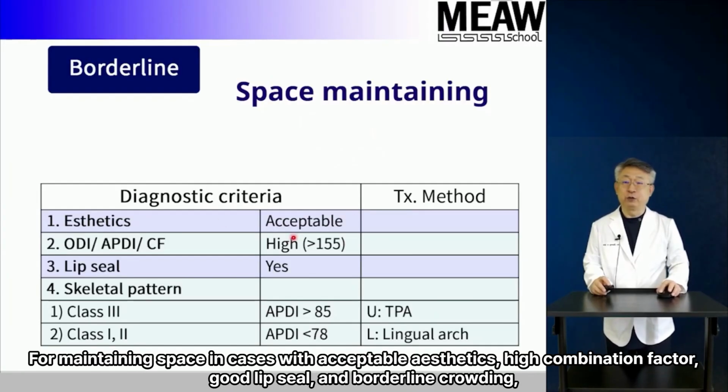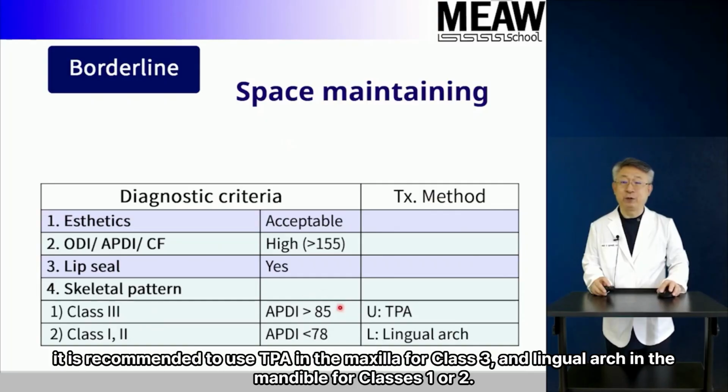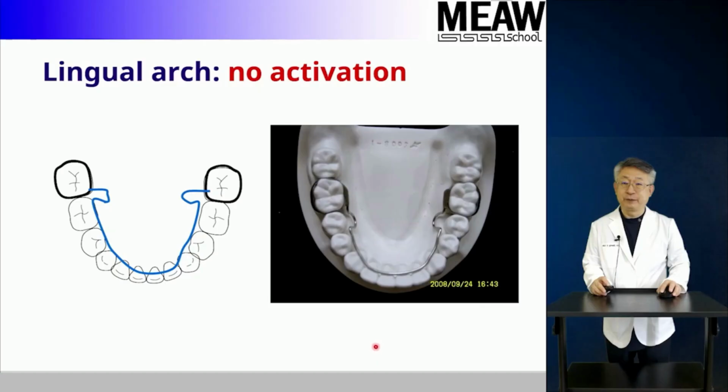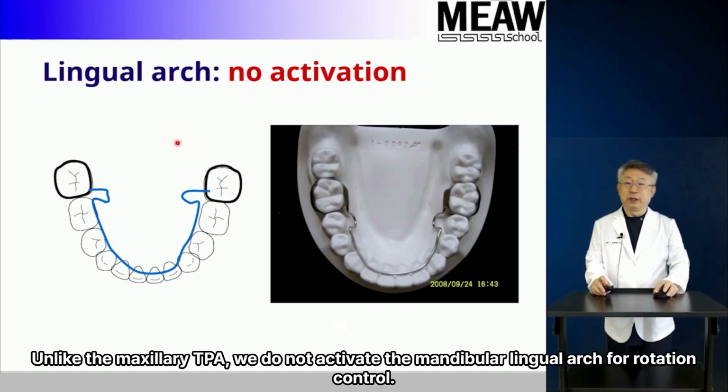For maintaining space in cases with acceptable aesthetics, high combination factor, good lip seal, and borderline crowding, it is recommended to use TPA in the maxilla for class 3 and lingual arch in the mandible for classes 1 or 2. Unlike the maxillary TPA, we do not activate the mandibular lingual arch for rotation control.